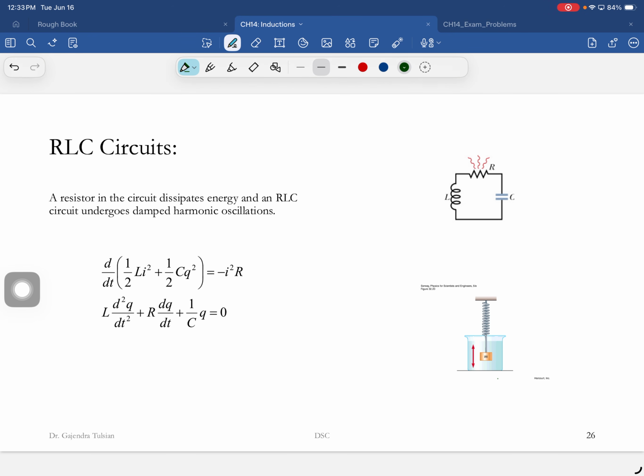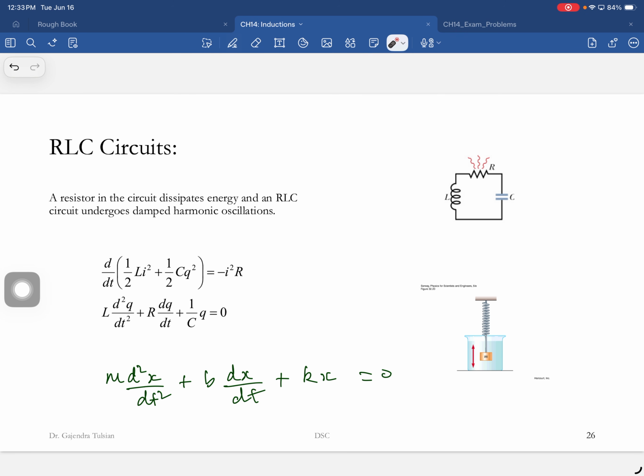For the mass, the equation was m d square x by dt square plus b dx by dt plus kx equal to 0. So you see the parallel of that equation. Resistance is the friction coefficient.